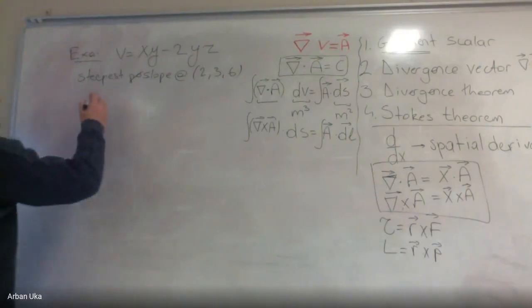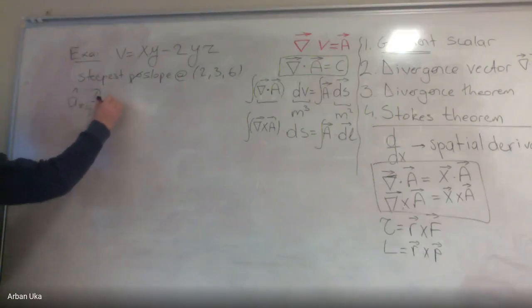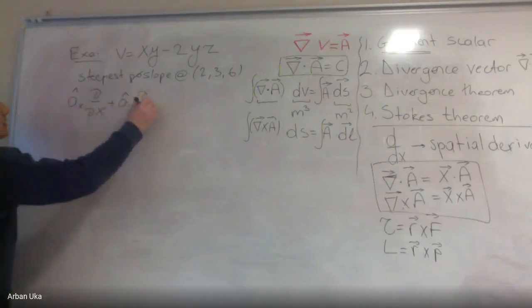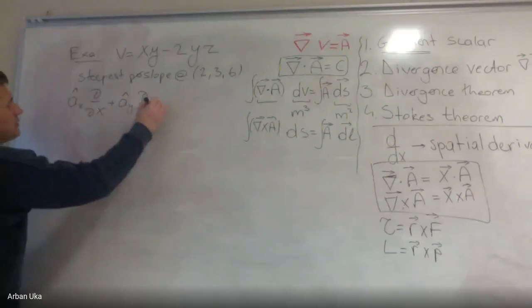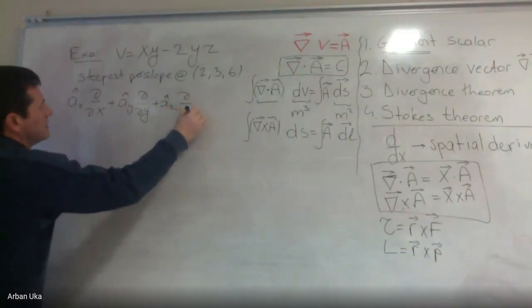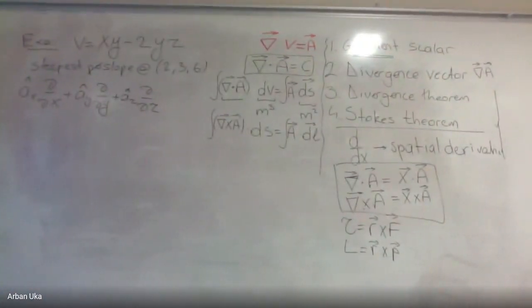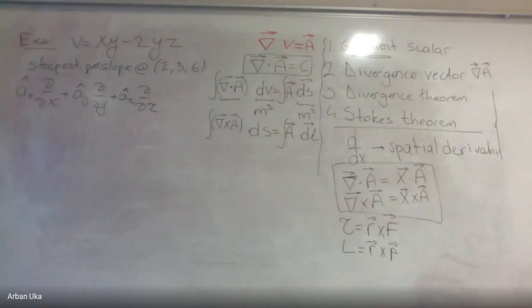The first thing that we need to do is apply the operator ax d over dx plus ay d over dy plus az d over dz. So we want to calculate the space derivatives of all of these quantities.